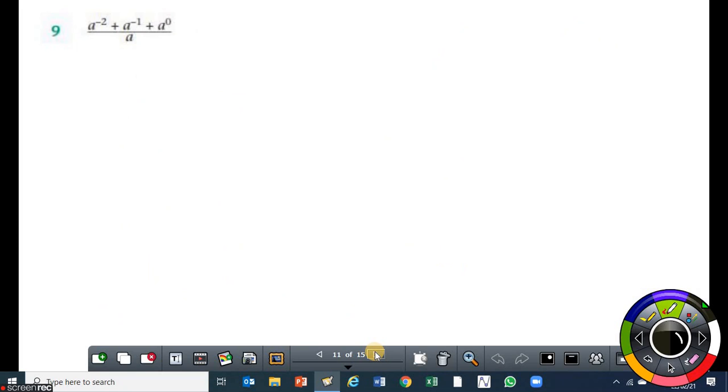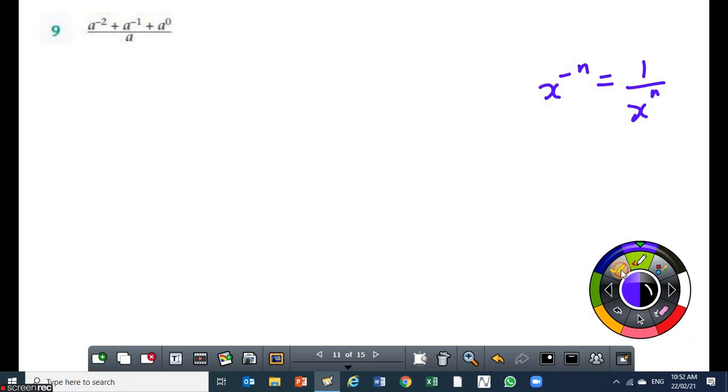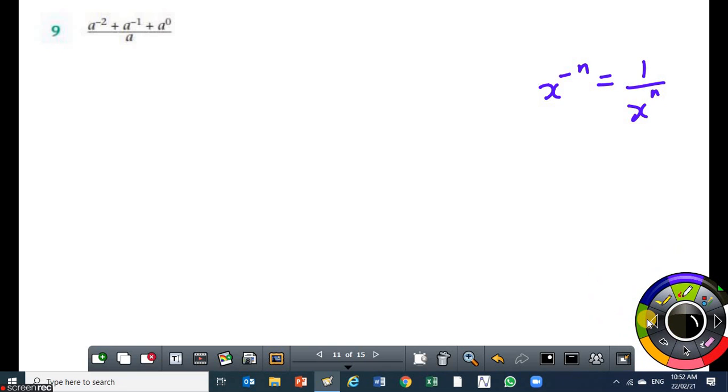Alright. This one, you have to use this definition to do it. This definition: x to the power of minus n is equal to 1 divided by x to the power of n. Okay? Together with your knowledge of fractions, you need that to do the question. So, firstly, I'm going to convert all negative exponents to positive exponents.